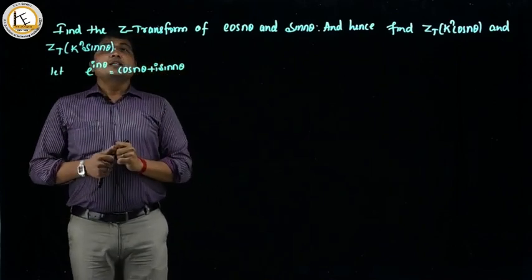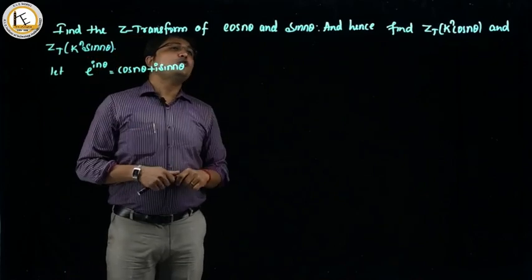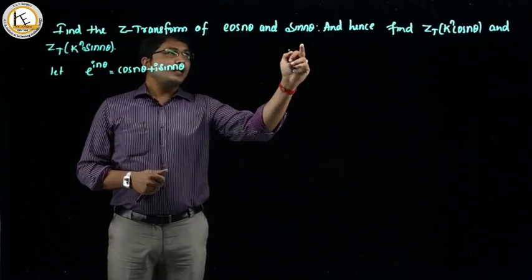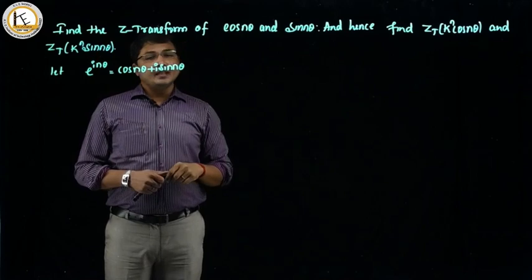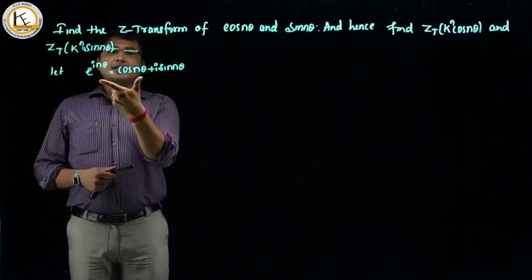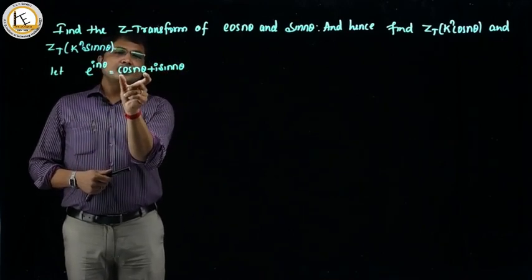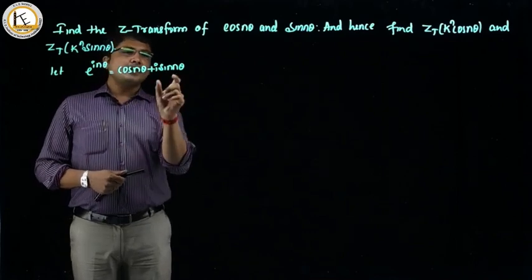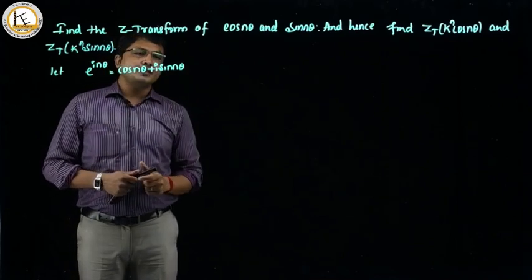It means in the problem we need to find Z transform of cos n theta and Z transform of sin n theta. Meaning, in this expression we need to find the Z transform of the real part and the Z transform of the imaginary part.